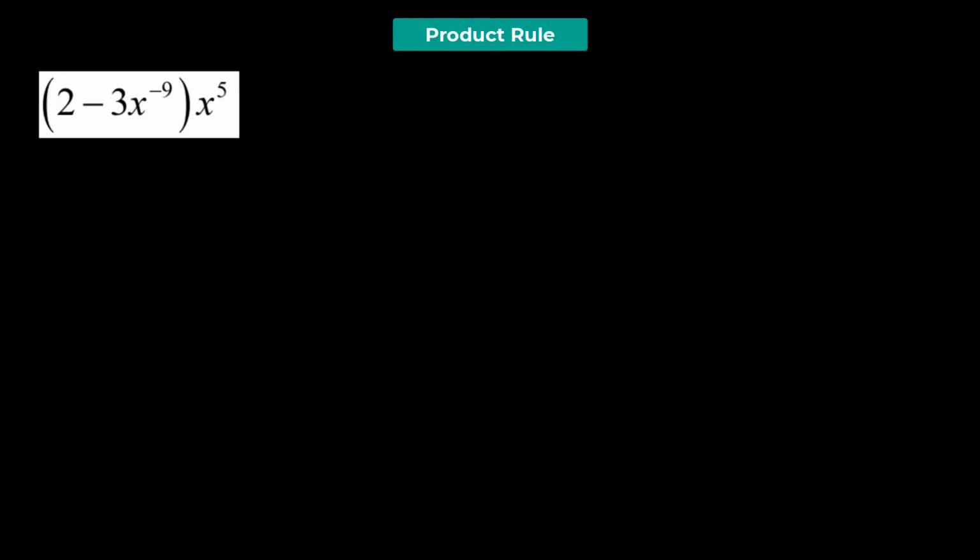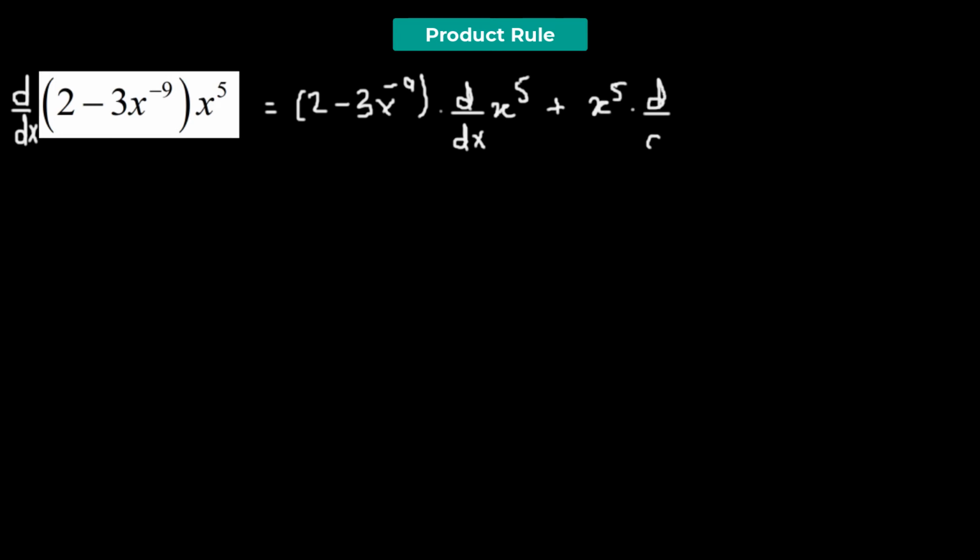So here we have the function 2 minus 3 times x raised to the power of negative 9 whole multiplied by x raised to the power of 5. So we have to find its derivative using the product rule. So we treat 2 minus 3 x raised to the power of negative 9 as the first function. That will be multiplied by the derivative of the second function plus the second function times the derivative of the first function, which is 2 minus 3 times x raised to the power of negative 9.